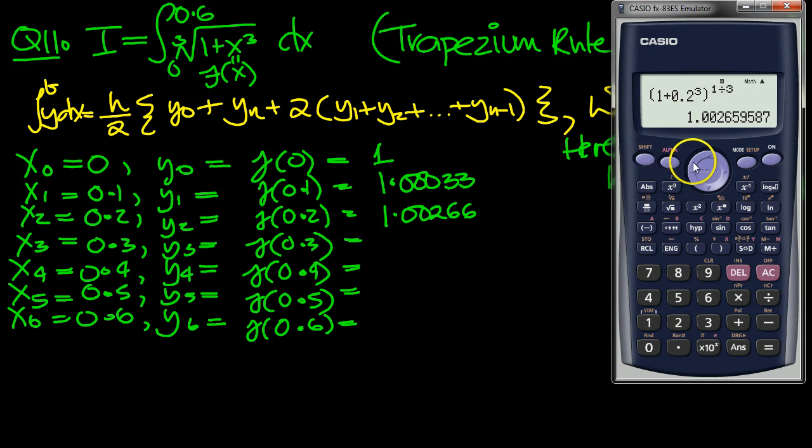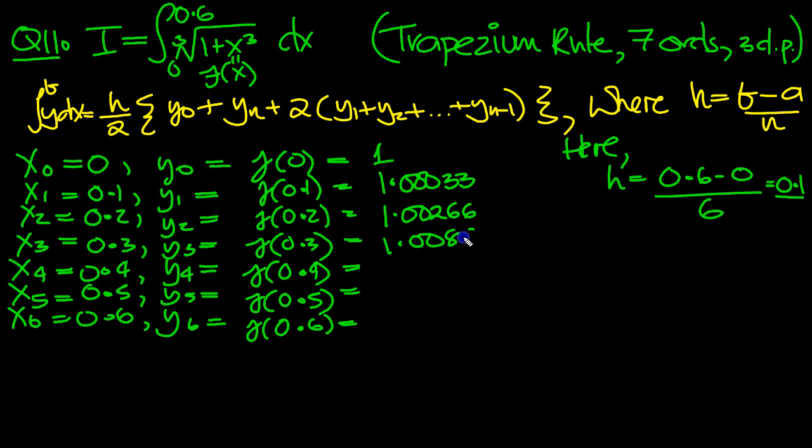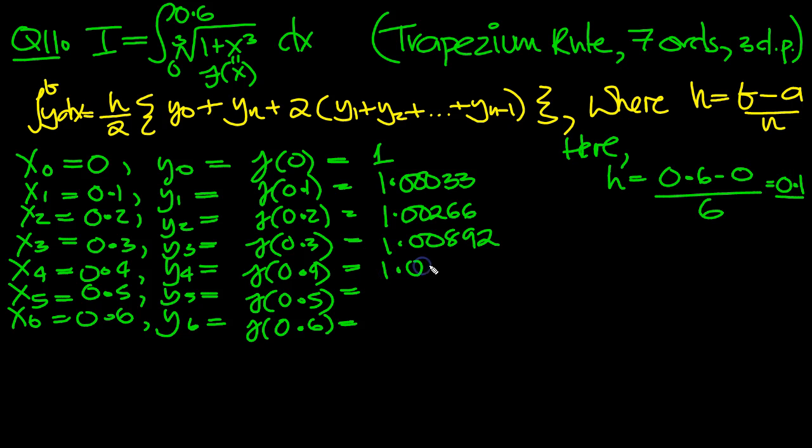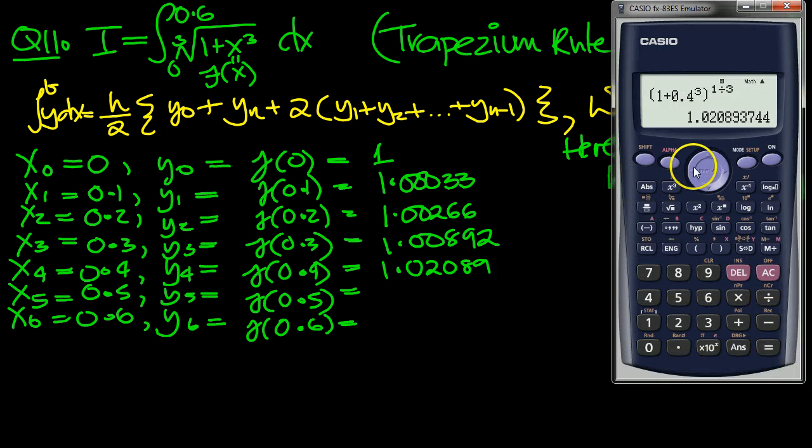Okay, next one, 0.3. Just toggle back then. 1.00892. Next one, put in 0.4. 1.02089. Next one, the fifth one, 0.5.